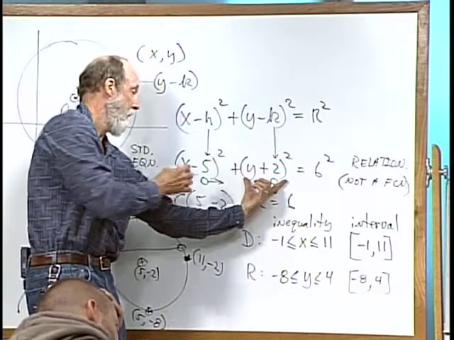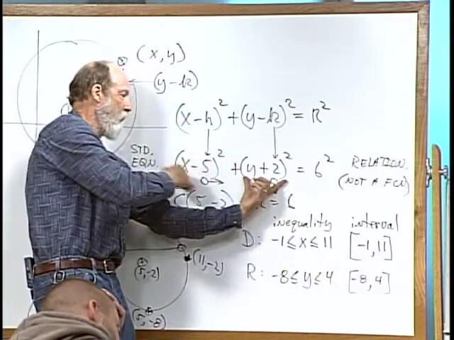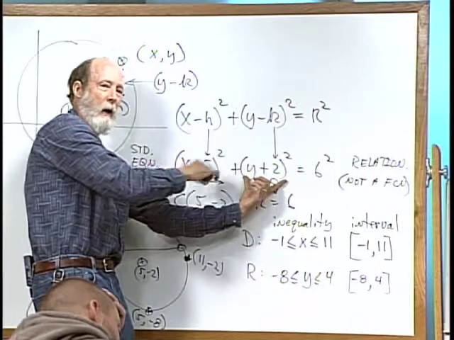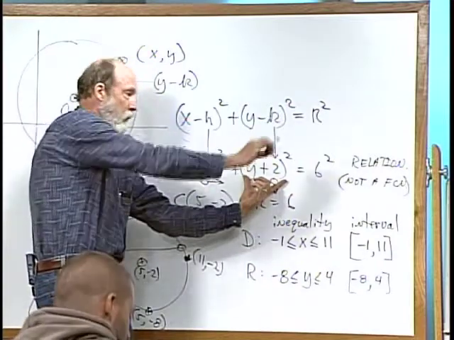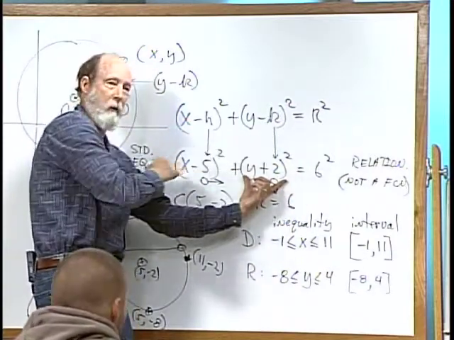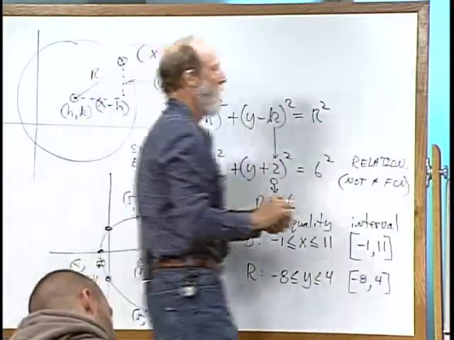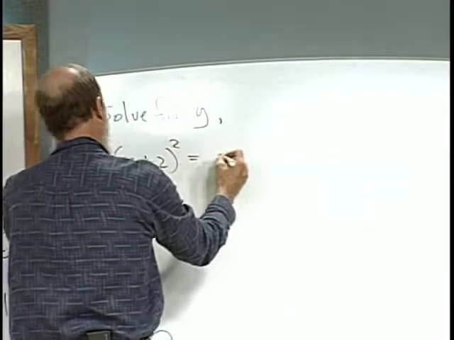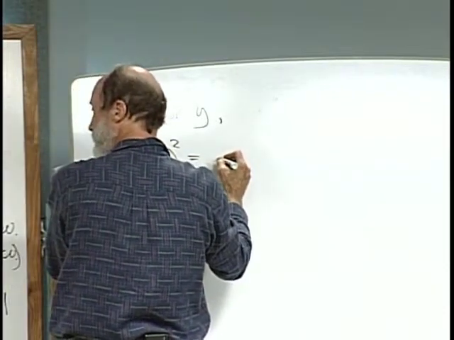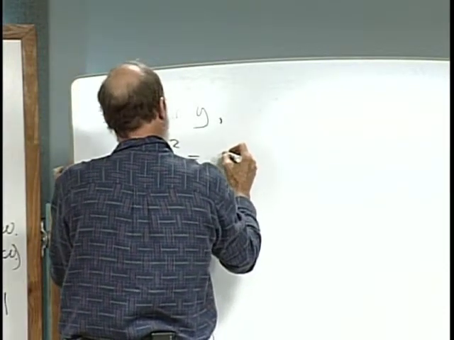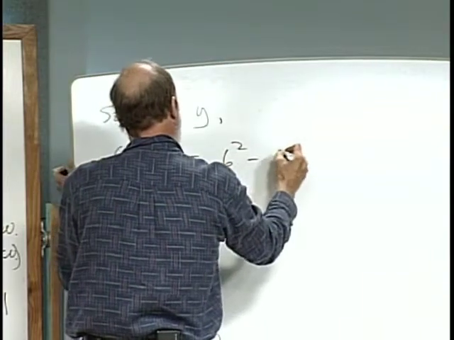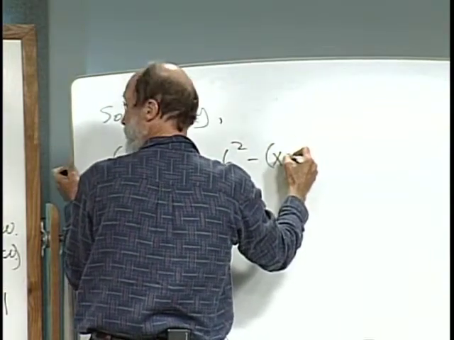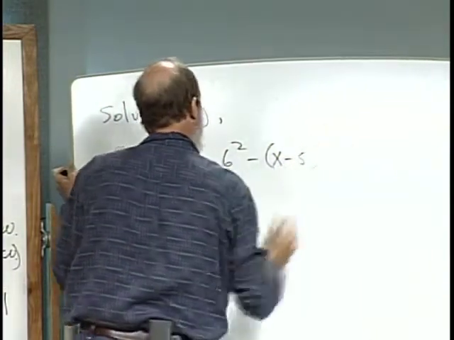Let's isolate it by taking this x squared expression over here, this binomial square, and move it over to the other side by subtracting it from both sides. So we're going to have y plus 2 quantity squared is equal to 6 squared minus the quantity x minus 5 squared.